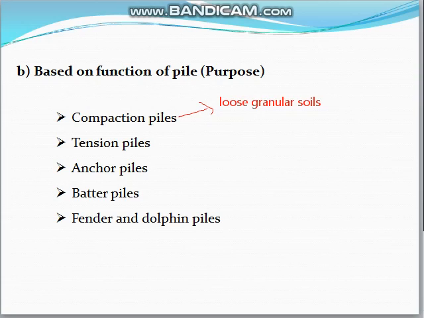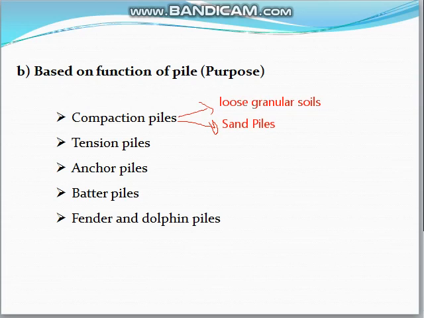These compaction piles do not carry any load, hence they can be of weaker material. So sand piles are used as compaction piles.